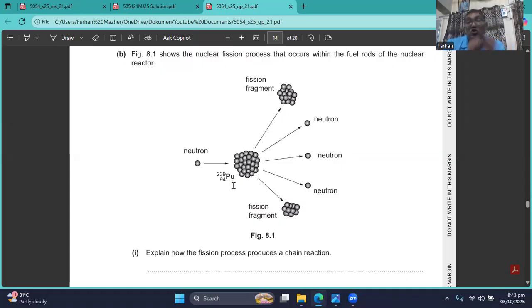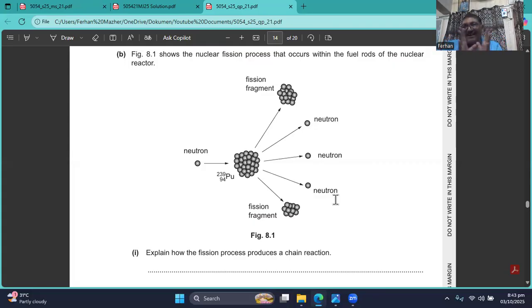And what happens? That nucleus breaks and 2 daughter nuclei are formed, and with it 3 further neutrons are formed. These neutrons can collide with another plutonium atom and do the fission process of that. And this neutron can also do that, and this neutron can also do that.